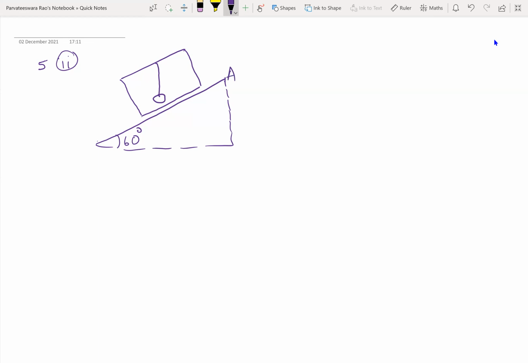So this is what is given in the problem. Here is the inclined plane. The trolley is rolling down the smooth inclined plane AB of inclination 60 degrees, and the length of the pendulum is given as 20 centimeters. Theta is 60 degrees.